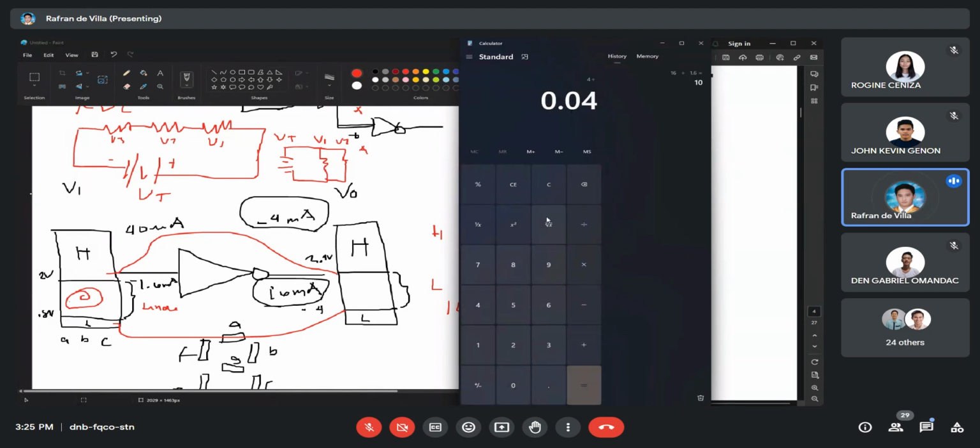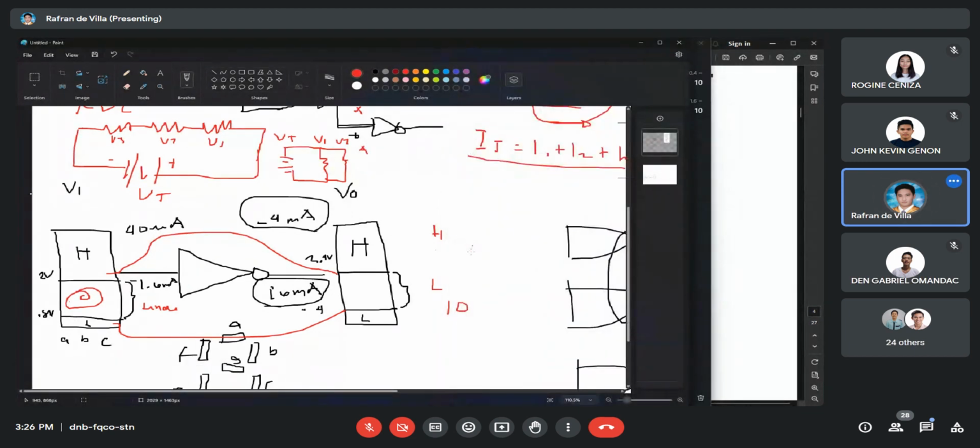So with 4 milliamps at high logic, it can control this number of inverter inputs. So 10.